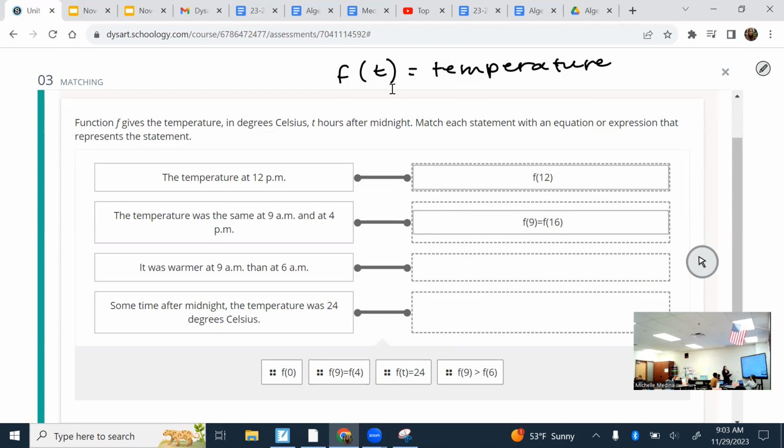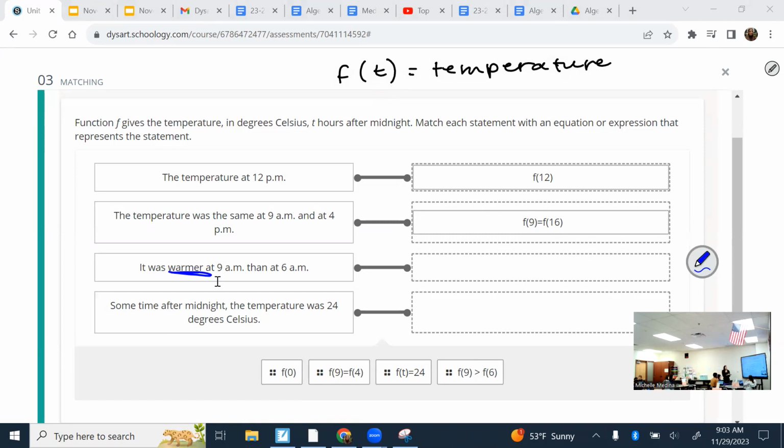All right. Now it was warmer at 9 a.m. than at 6 a.m. That indicates to me we're probably going to use an inequality. When it's warmer, is the temperature, well, I guess it doesn't really give us a temperature of anything.